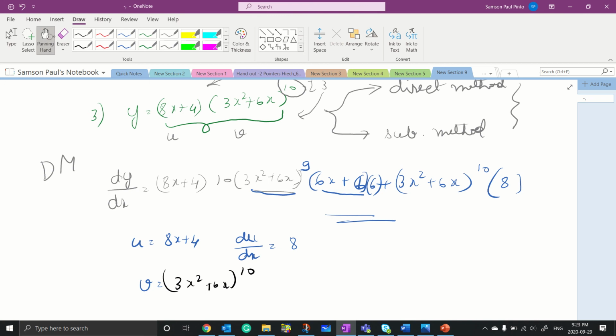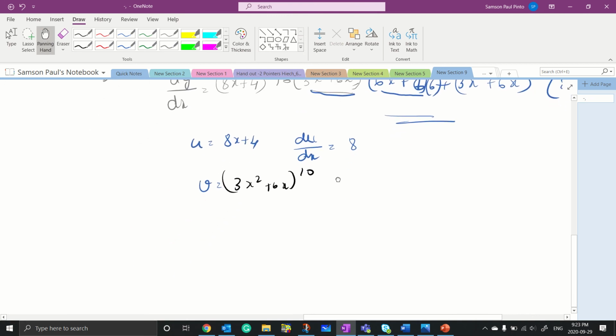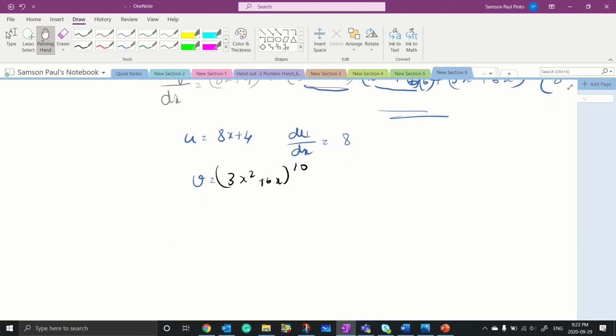Let me pan this again. If I were to solve this, then what do I do? I can take t as 3x square plus 6x. I think that should suffice.